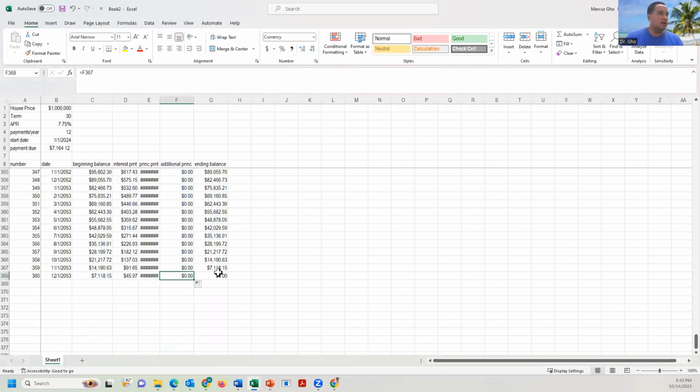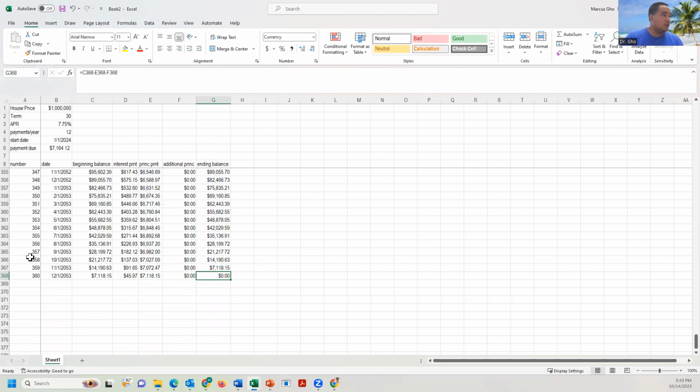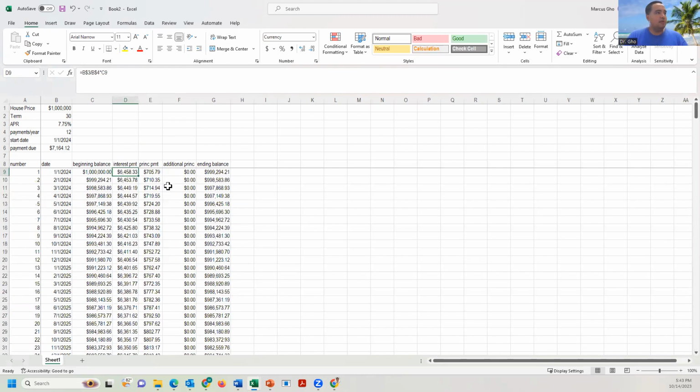So if I come down here at the very end, we are at $0, which means, for example, in September 2053, when we make that full payment, almost $7,000 of that is paying down the principal. Well, that's great. That's really the nuts and bolts of how you would make an amortization table when you have additional principal payments.